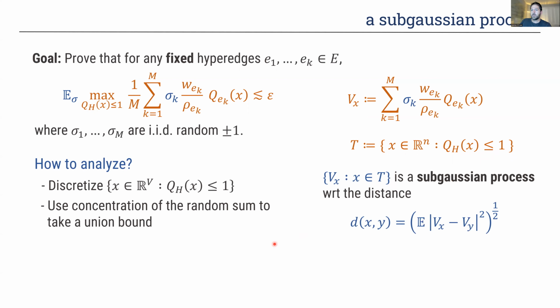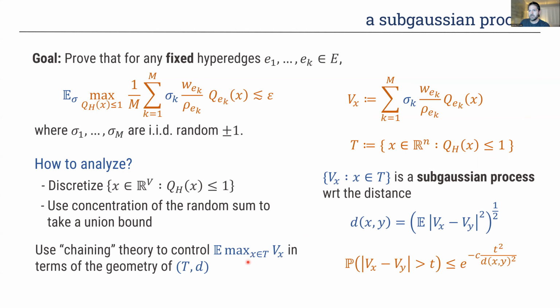What we're ultimately going to be concerned with is the expected maximum over x in T of V_x. This is a random variable. The randomness is all coming from these random signs, and the maximum is over this set T. And then we're going to try to control the expected maximum.